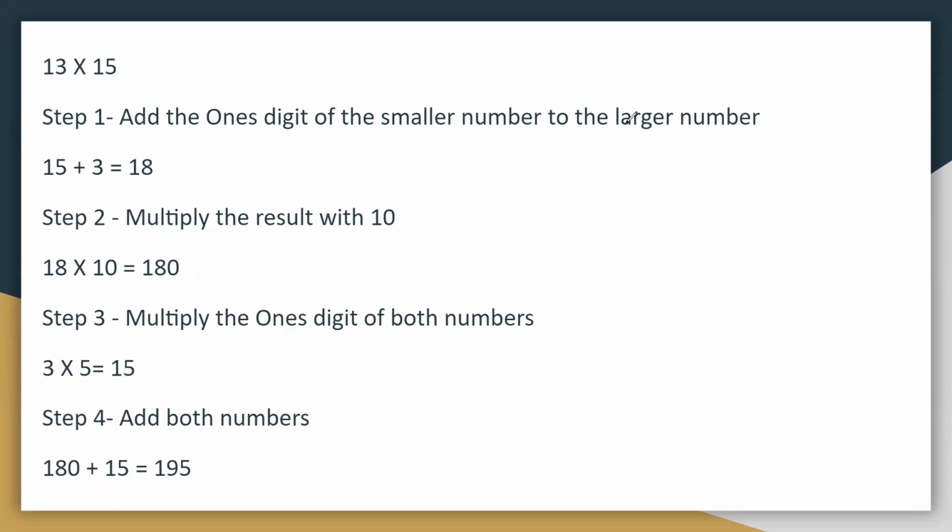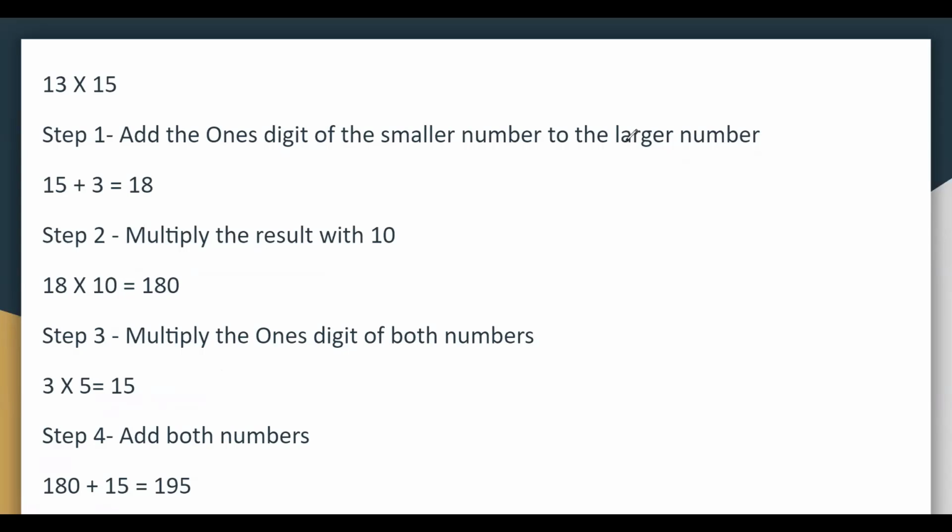So, here the example I've taken is 13 times 15. This type of question is a four-step process. So the first step, what we have to do is we have to take the bigger number. When you have 13 and 15, 15 is the bigger number here.